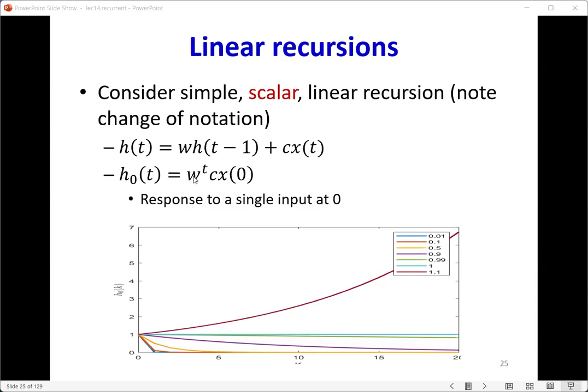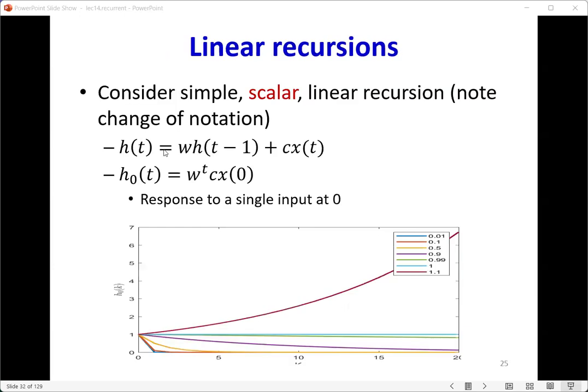So what happens if W is greater than 1? It blows up, right? It goes unbounded. This is what I meant by blowing up. What happens if W is less than 1? It just vanishes to 0. And so here we are: the response of the system only stays stable when W is 1.